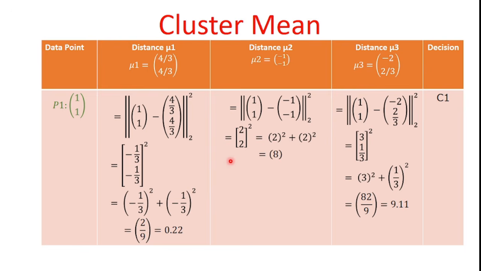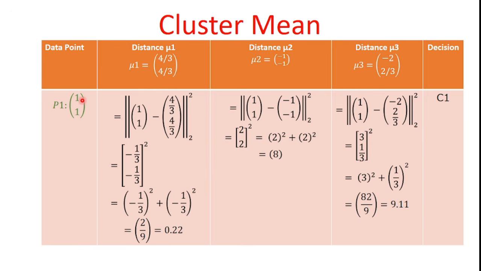For data point P1, which is 1 comma 1, we have 3 columns of mu1, mu2, mu3, and we have to make the final decision. For this, I am going to take the L2 norm, normally called norm2.